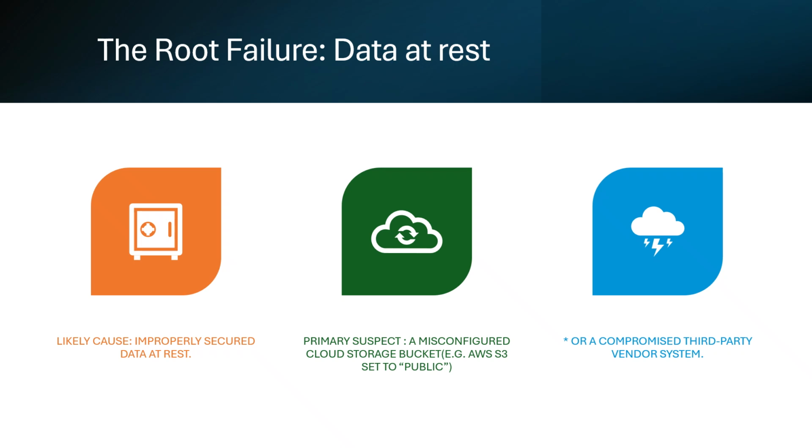The data's age suggests that it was a dataset that was not actively used, but was also not properly secured, encrypted, or destroyed, violating core principles of data lifecycle management.